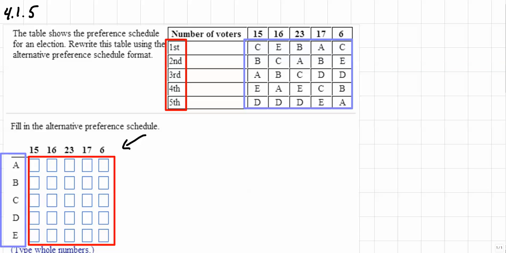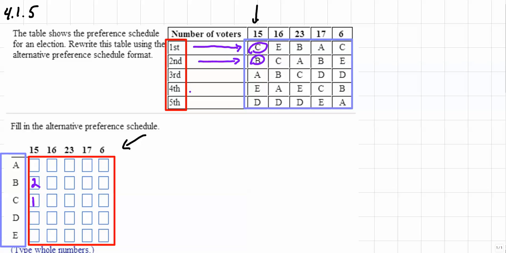To fill in the alternative preference schedule, we're going to look at this first column. We're looking for the first, which in this particular case is going to be C. So we come over here and write 1 for C. The second for this column is going to be B, so we'll write 2 right in here.